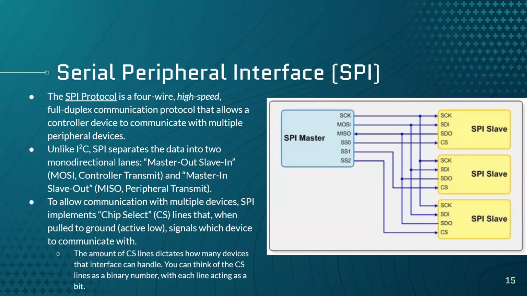You can see this has 3 different chip select lines on the controlling device, and each of those controls one of the secondary devices. So if this line becomes a logic 1, then this device will be communicating. If this becomes a logic 1, then that device will communicate.